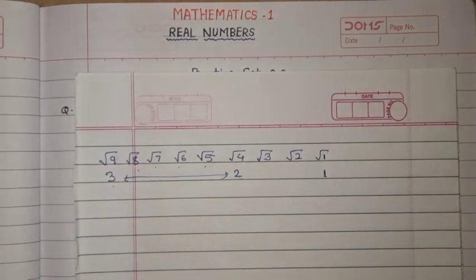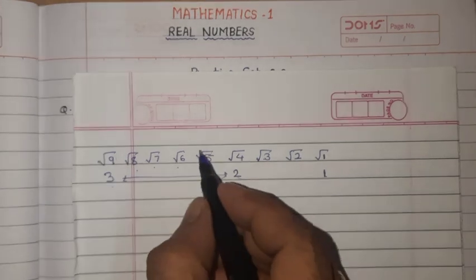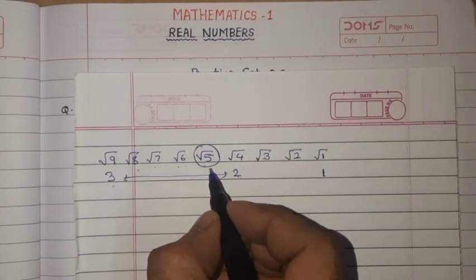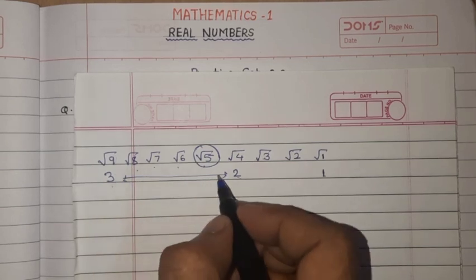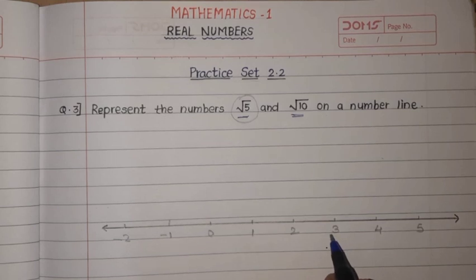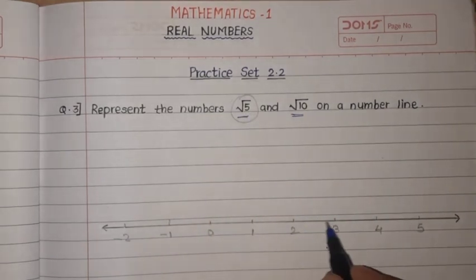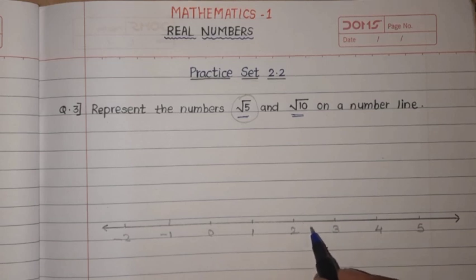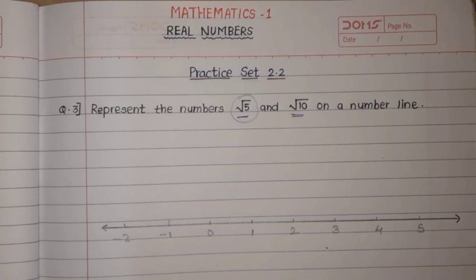That means we can find out the position of our point where we have to represent root 5. That means root 5 lies between 2 and 3. Now we have to find out the exact position of that point. For that purpose, we have to give names to the points.